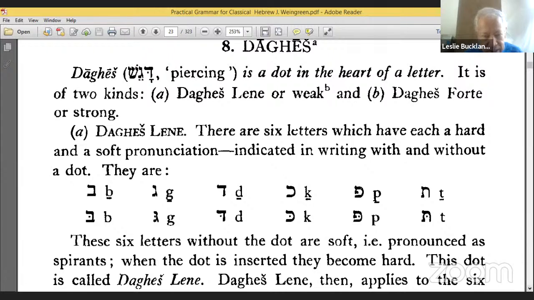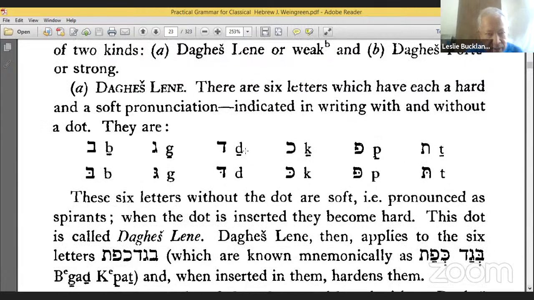So these 6 letters without the dot are soft, that is pronounced as spirants, that is, you put your breath into the pronunciation of them. When the dot is placed in the center of the letter, then the letter becomes hard. This dot is called Dagesh Lenny.